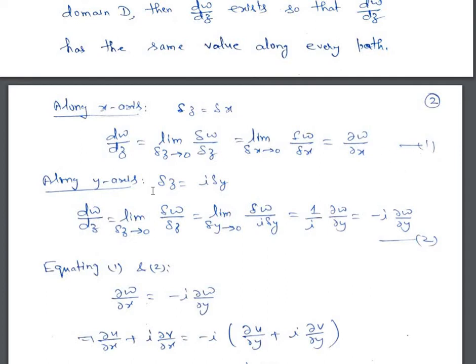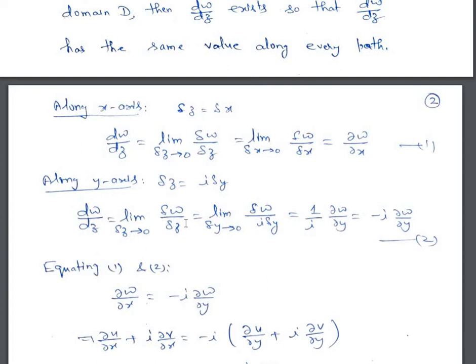Now if we come along the y-axis, then along the y-axis what is delta x? Along the y-axis delta x is 0. Change in x is 0. So delta z will be equal to i times delta y. So dw/dz is equal to the limit as delta z tends to 0 of delta w/delta z.